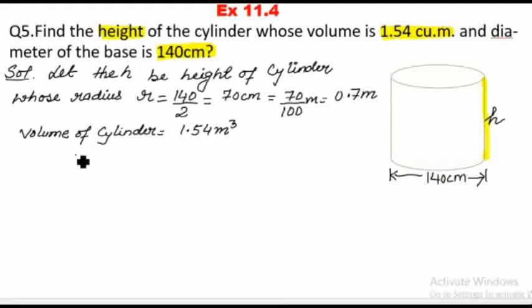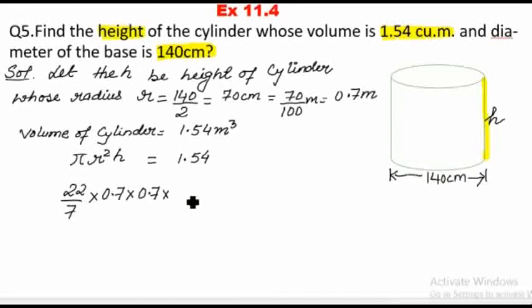Volume of cylinder pi r square h is equal to 1.54. The value of pi we can take here 22 upon 7 into the radius is 0.7 into 0.7 into height, only height we are going to find.